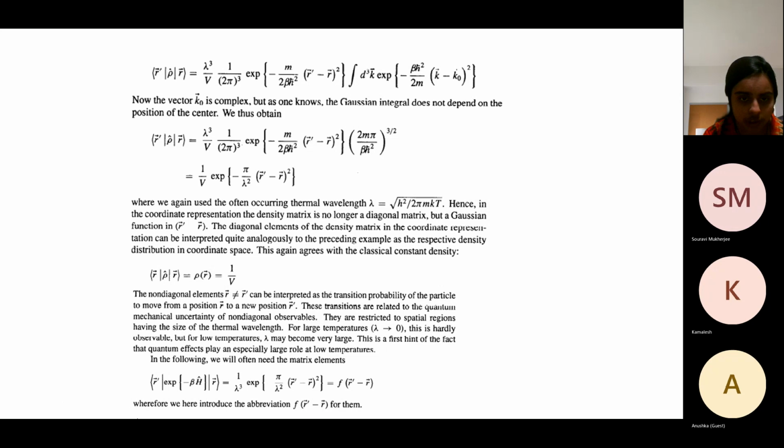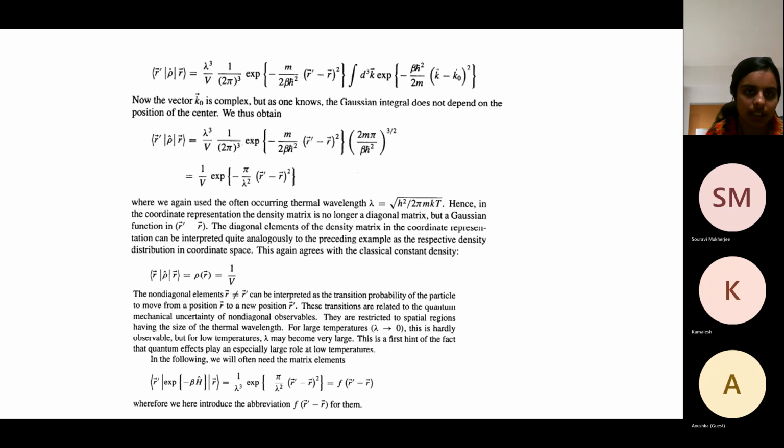While for low temperatures, you can see that lambda can be very large, and then you will get these non-diagonal terms. Okay, so in a way this tells you why we get the classical results back when we go to higher temperature, while at lower temperature the quantum effects become quite significant, right?